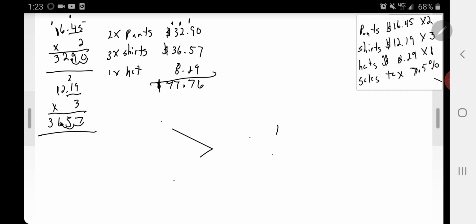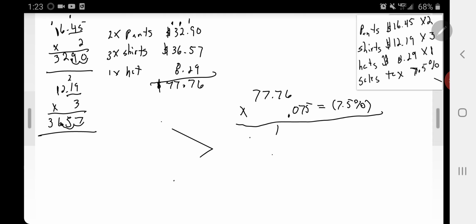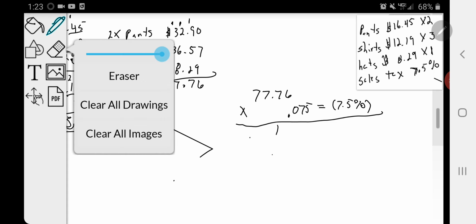Once again, the question just asks how much you'll be paying in sales tax. So now we need to take our subtotal, 77.76, and multiply it by 0.075, aka 7.5%. It's the final step to finding our sales tax.